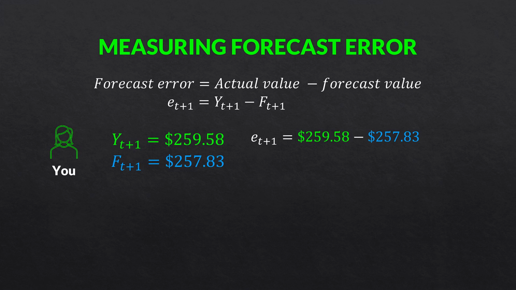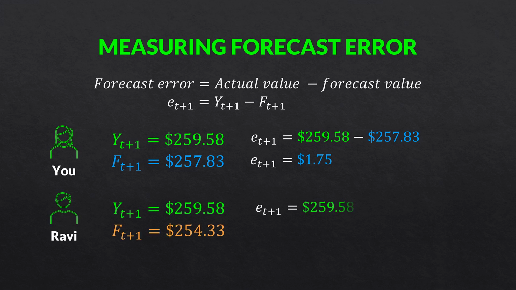So 259.58 minus 257.83. That's an error, like we said, of $1.75. For Ravi, the difference was 259.58 minus 254.33. The error there, $5.25. So simple subtraction to find the forecast error.